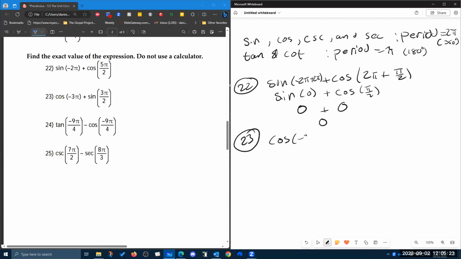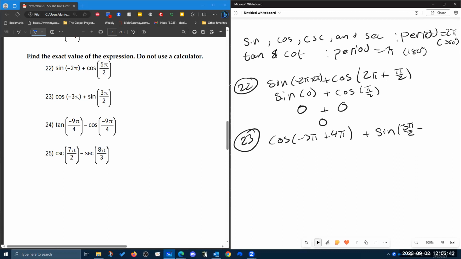cosine of negative 3 pi. If I add 4 pi to that, which is 2 pi's, that'll be equivalent, plus sine of 3 pi over 2.